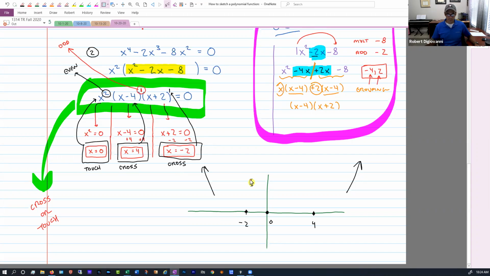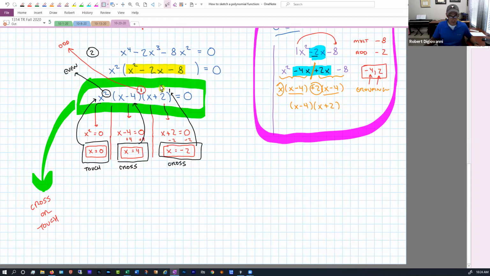Okay, good. Now I'm ready to draw my picture. Ready to sketch this thing. I'm going to do it right here just so we can have all the information on one page. So we have our XY axes. All right, here we go.